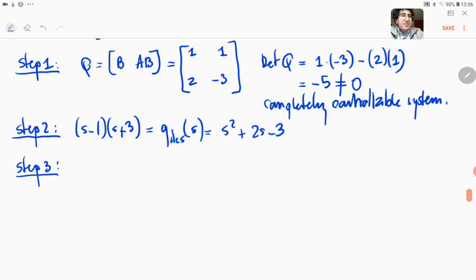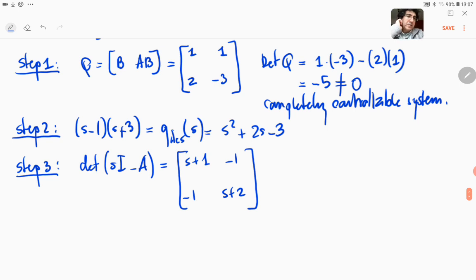Step 3, let's find the transfer function denominator. Okay, so the determinant of sI minus A from the given system is the determinant of s plus 1, minus 1, minus 1, s plus 2.